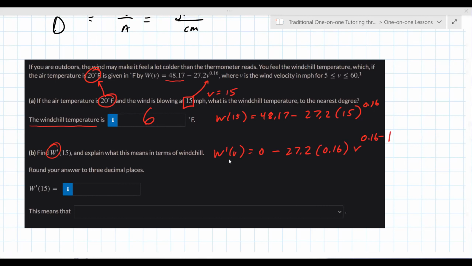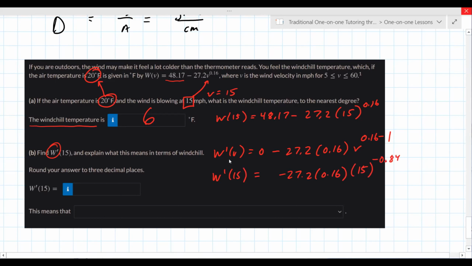Whenever you see something that doesn't look great, try to just follow the rule. Don't overthink it here. So now you want W prime of 15. That's minus 27.2 times 0.16, and instead of V, it's 15 to the power of minus 0.84.